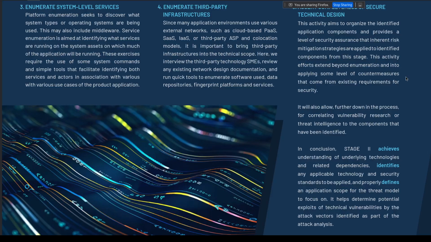Next is enumerating system level services. So there might be other dependencies that we might use, right? We might be using some middlewares within the system, like an Nginx reverse proxy or an Apache reverse proxy. We might be using some load balancers.